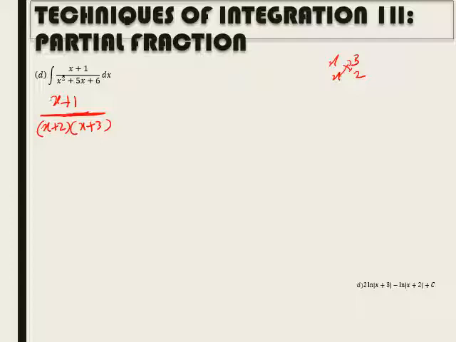Okay, sometimes it's not factorized yet, so you need to factorize it. So a over x plus 2 plus b over x plus 3. The rest will be very easy. So continue the same step.